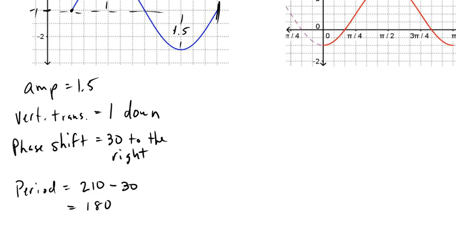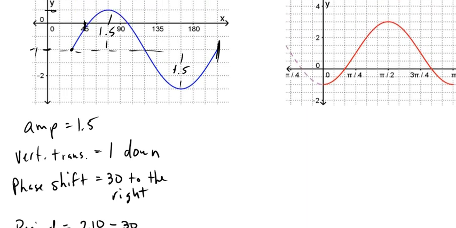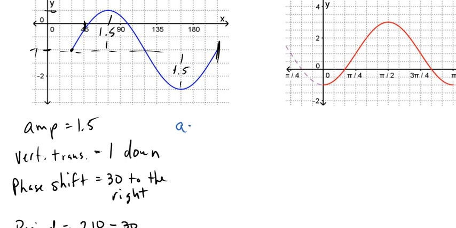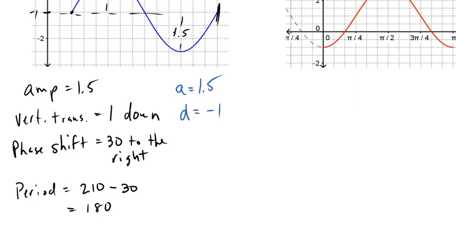So now how do I translate this into my values? Well, amplitude is related to A. So I'm going to say A equals, there's no reflection, so A is just 1.5. Vertical translation is D, so D equals 1 down means -1. Phase shift 30 to the right, C equals 30.